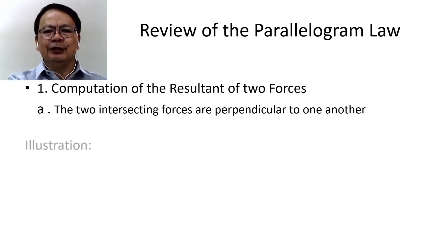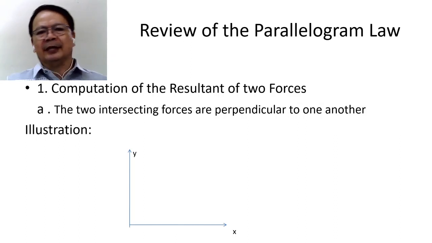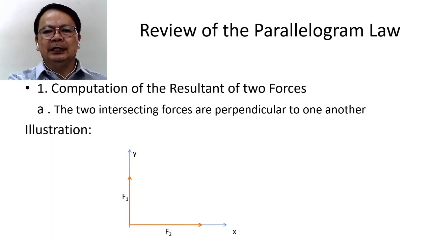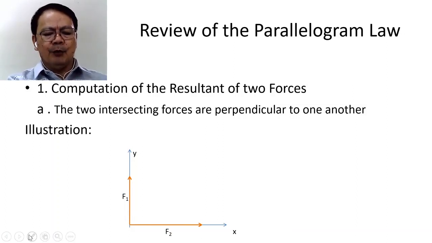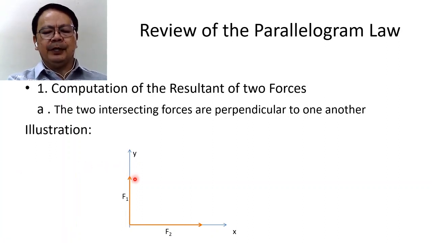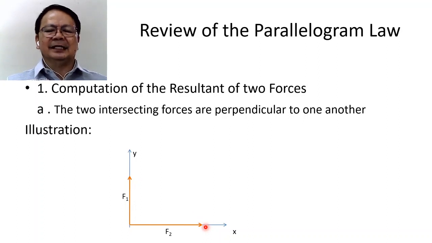As an illustration, let us have two intersecting forces that are directed along the positive y and positive x-axis, as indicated here in our illustration, with F1 directed towards the positive y-axis and F2 directed towards the positive x-axis.